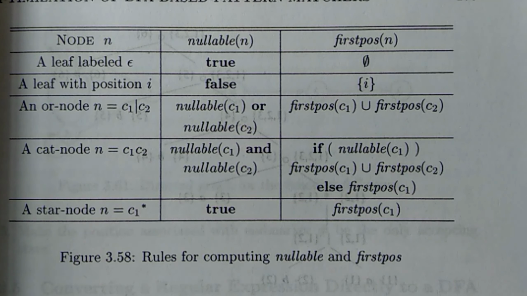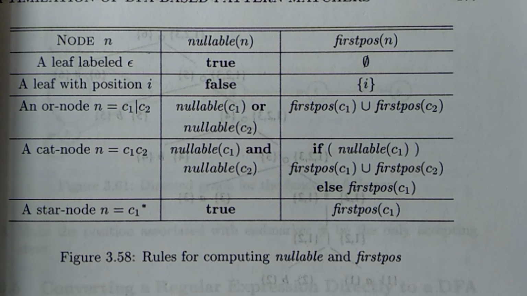Then you have to compute follow position. Finally we need to see how to compute follow position. There are only two ways that a position of a regular expression can be made to follow another.